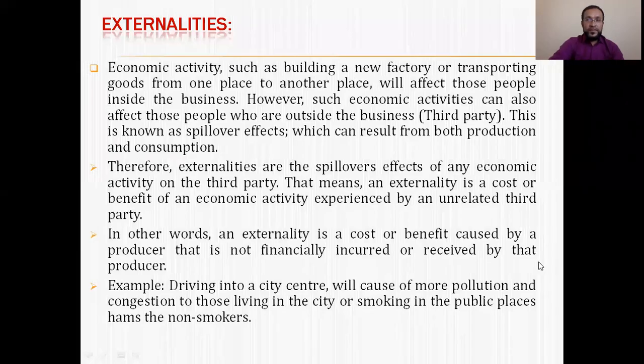All right, so this is externality. I gave you different definitions of externality to make it easy, so any comfortable, suitable definition you can learn. First of all, economic activities such as building a new factory or transporting goods from one place to another will affect those people inside the business.